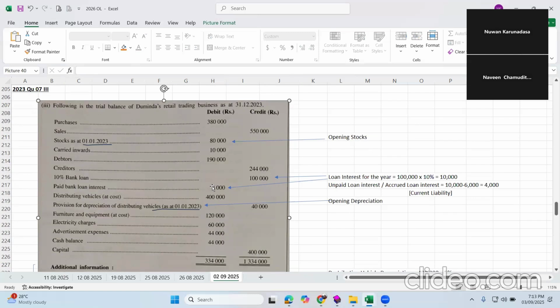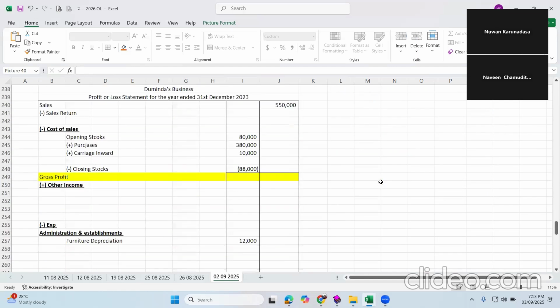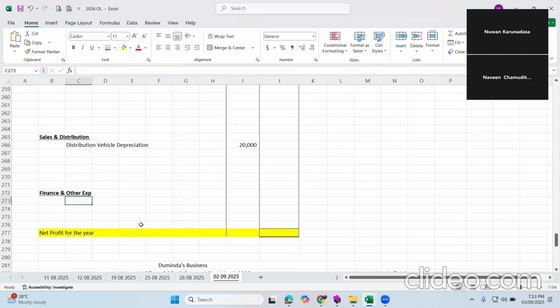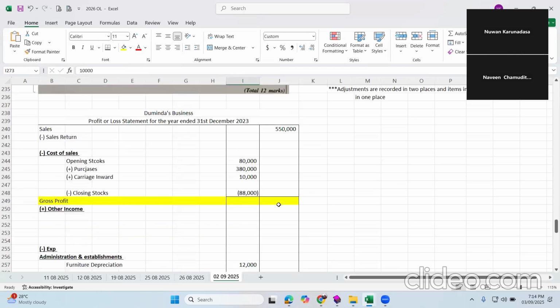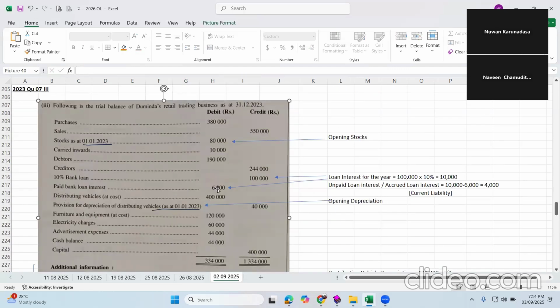Now see here, the loan interest for the year came to 10,000. So under the finance and other expenses, loan interest you should record here, 10,000. Why? The interest for the year is 10,000, but how much have they paid? 6,000. So 100,000 into 10% is 10,000. They have paid only 6,000, meaning there is unpaid interest of 4,000.